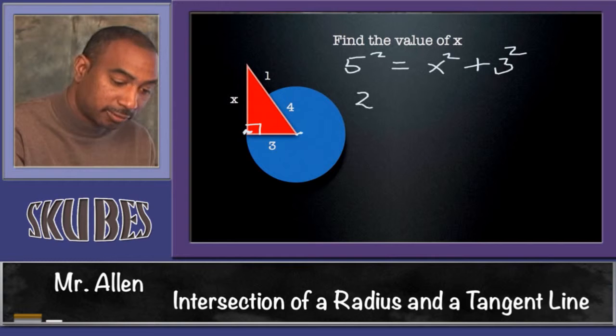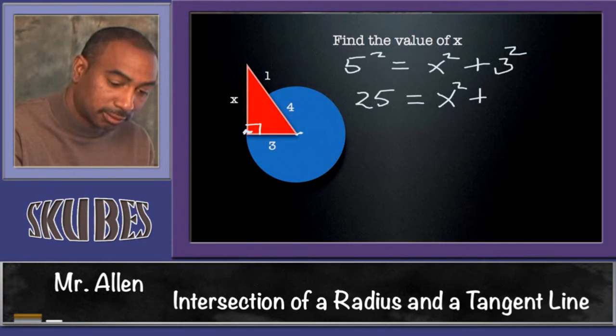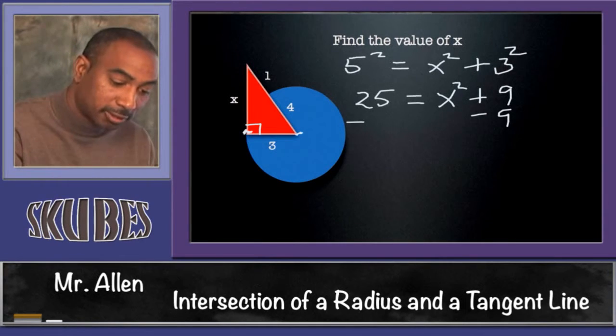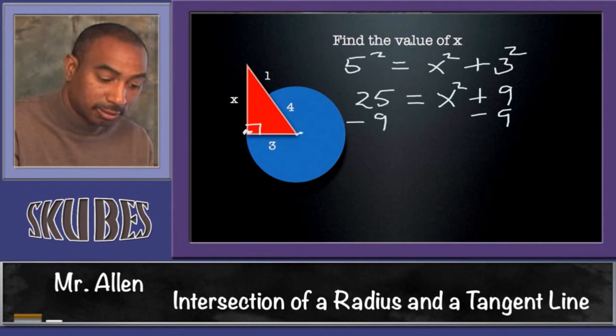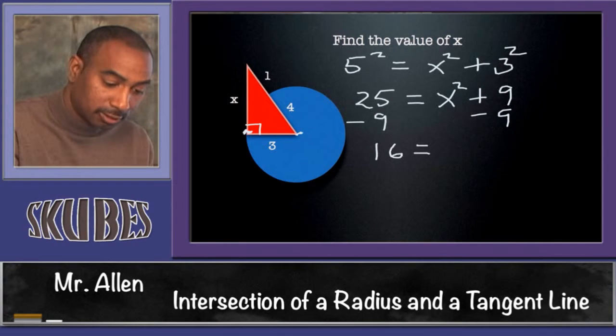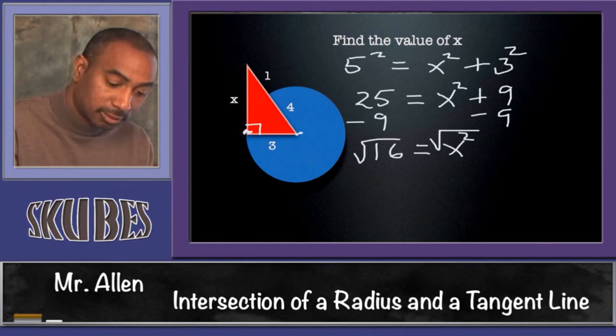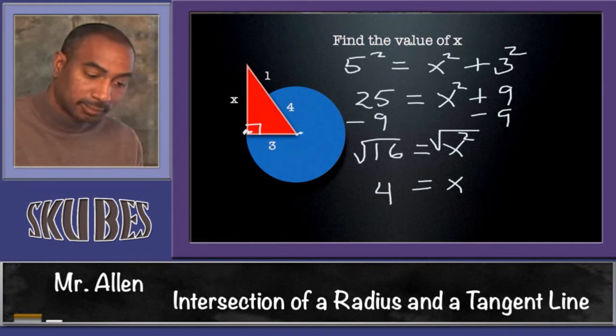So we get 25 equals x squared plus 9. Taking the difference of 9 from both sides, you're going to get 16 equals x squared. And if you take the square root of both sides, you get x has a value of 4.